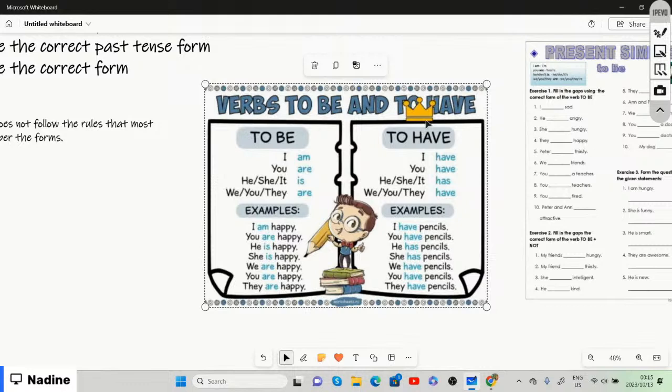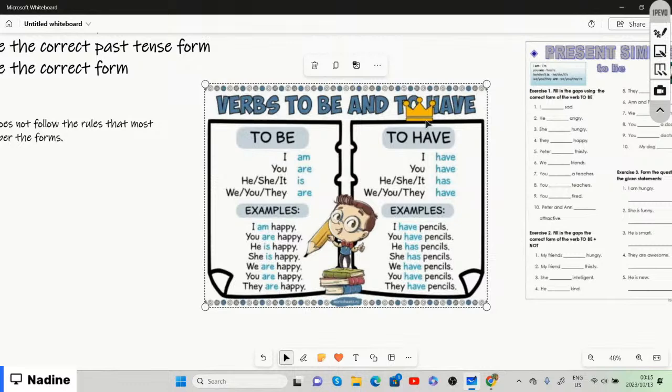And then we already made a few examples of the verbs to be, right? Where we made mention of I am, you are, he, she, or it is, we, you, they. We already made examples of that.